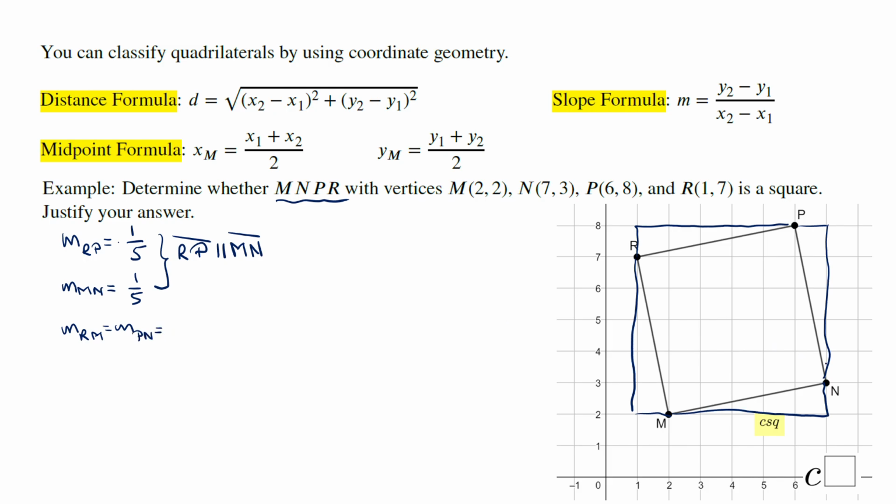If you take a look, the rise is 5, the run is 1, going down from left to right, so negative 5 over 1, or negative 5. So again, that allows us to say that RM is parallel to PN. So we know at this moment that this quadrilateral is a parallelogram.